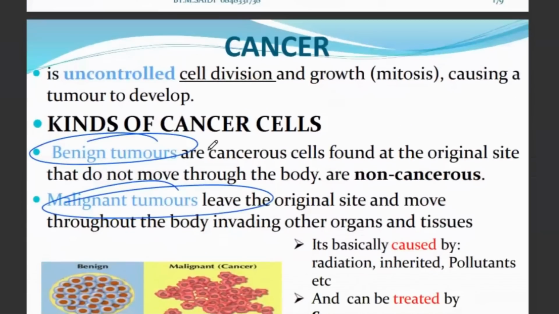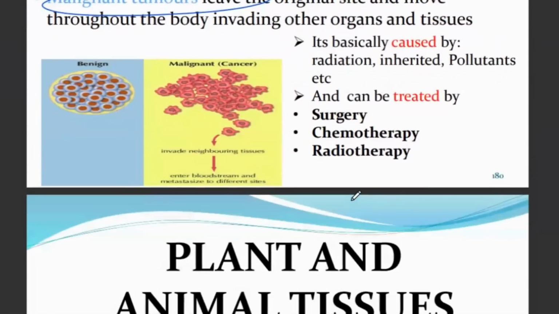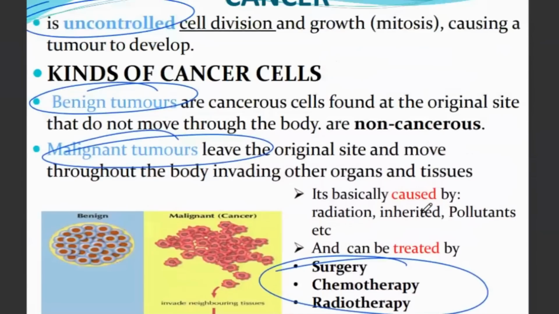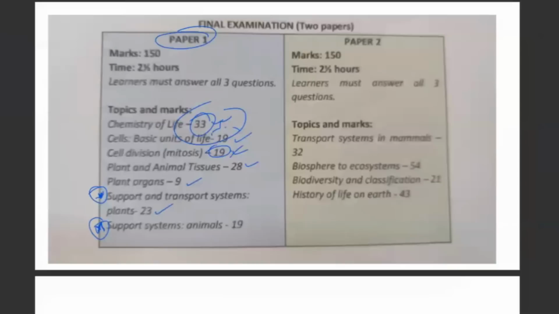And what is cancer, the definition of cancer, because here there are few marks, it's a very small thing. And then how do we treat cancer? That's it. Nothing else. You don't need to talk too much here. So that topic is done.